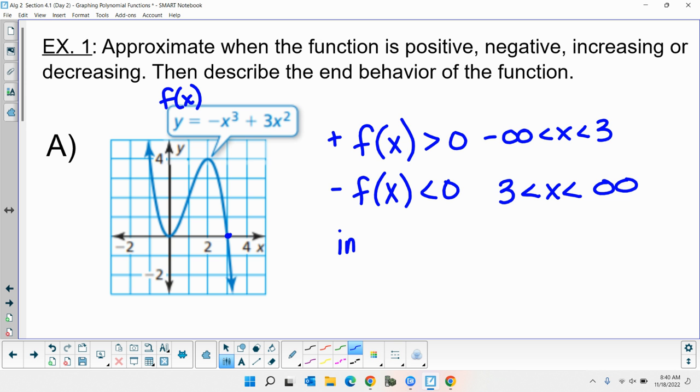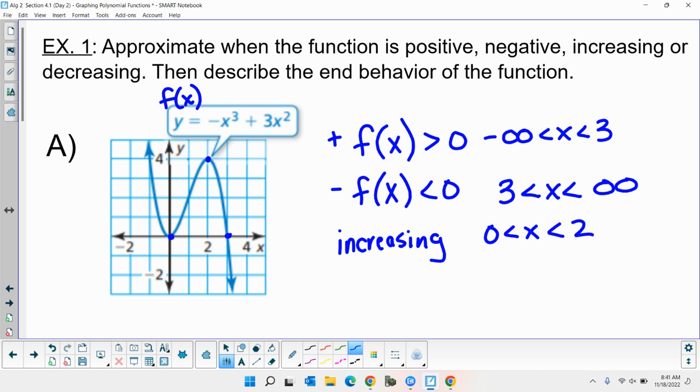Increasing. All right, so left to right, it's increasing. So from what point's that? What x value is that? Sorry. 0 to what x value is there? 2. All right, so it's increasing from 0 to 2.